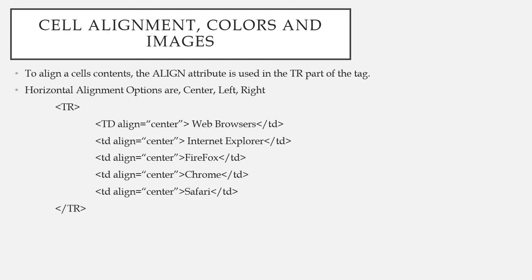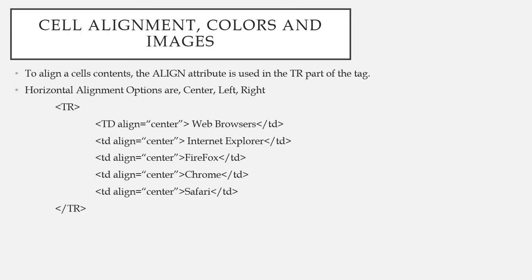You will see the difference. If you keep the alignment as right, the text will be placed at the right side. If you keep center, the text will be in the center. If you keep left, the text will be written on the left side. That is the alignment.